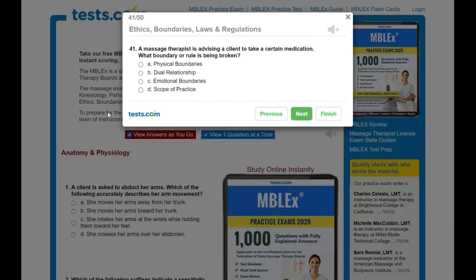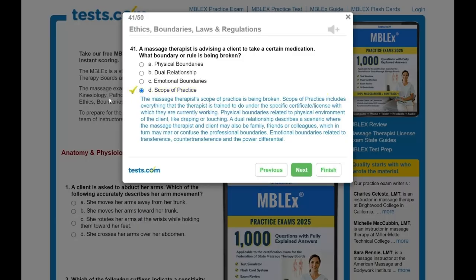Question 41. A massage therapist is advising a client to take a certain medication. What boundary or rule is being broken? A. Physical boundaries. B. Dual relationship. C. Emotional boundaries. D. Scope of practice. D. Scope of practice. The massage therapist's scope of practice is being broken.